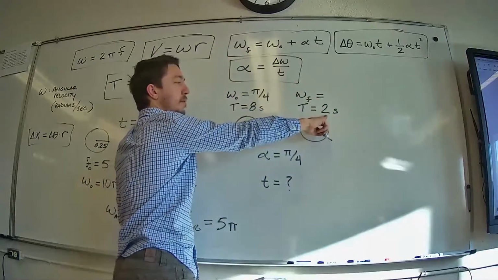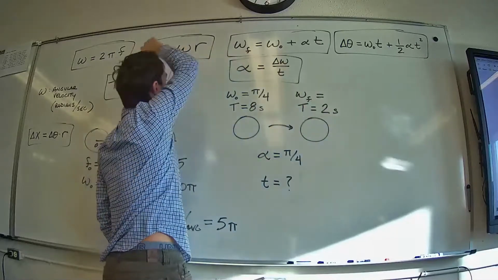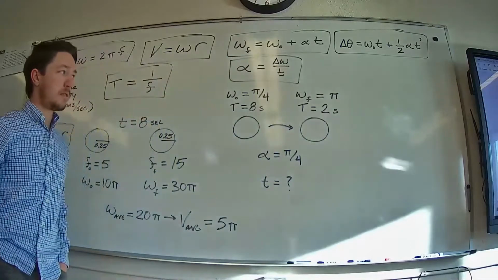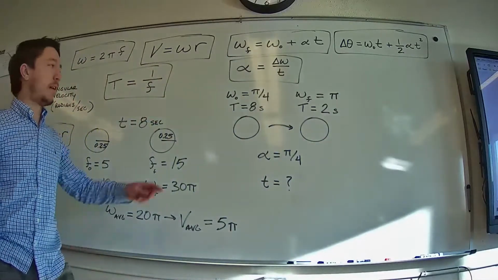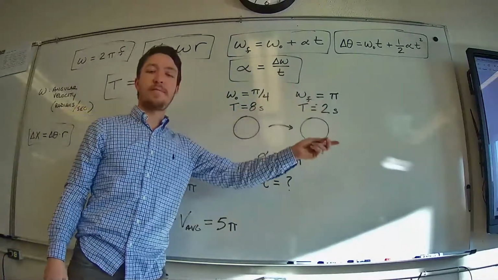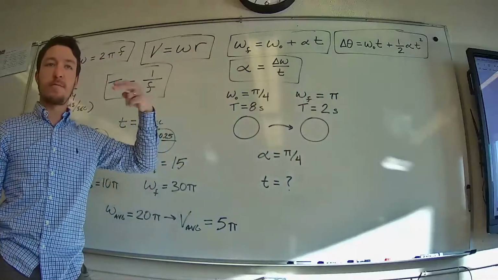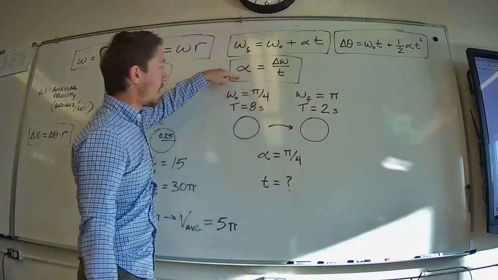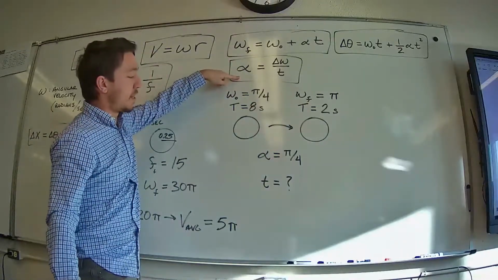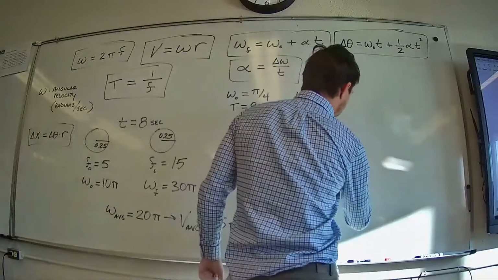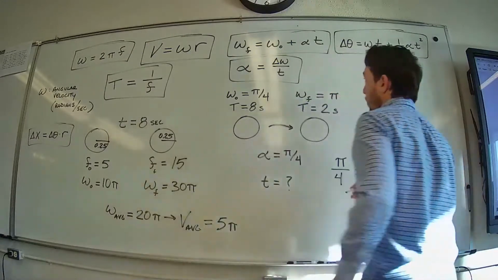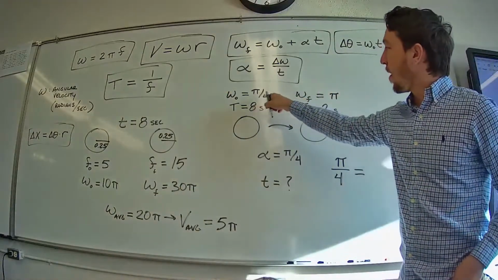This guy, the frequency is 1/2. Do you feel okay about that? It's a quarter of the period, so it's 4 times the rotation speed. Okay, so then to solve for t, it's this, right? So I say, well, pi over 4 is equal to the change in omega over t.